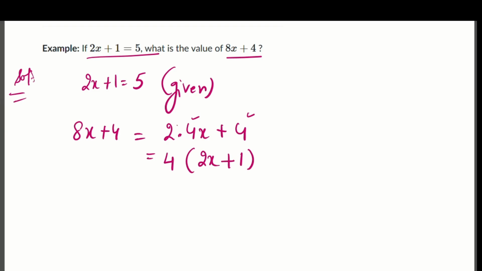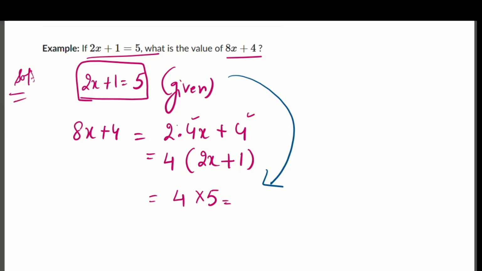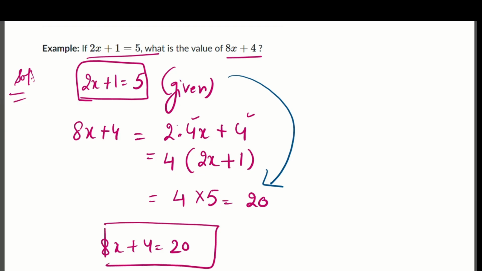Why have we kept 4 out of this bracket? Because we already have the value of 2x plus 1 equal to 5. So we strategize our equation so that we can use 2x plus 1. We put here the value of 2x plus 1, that is 5, and that would be 20. So 8x plus 4 would be 20. So they can give you one equation to find the value of another as well.